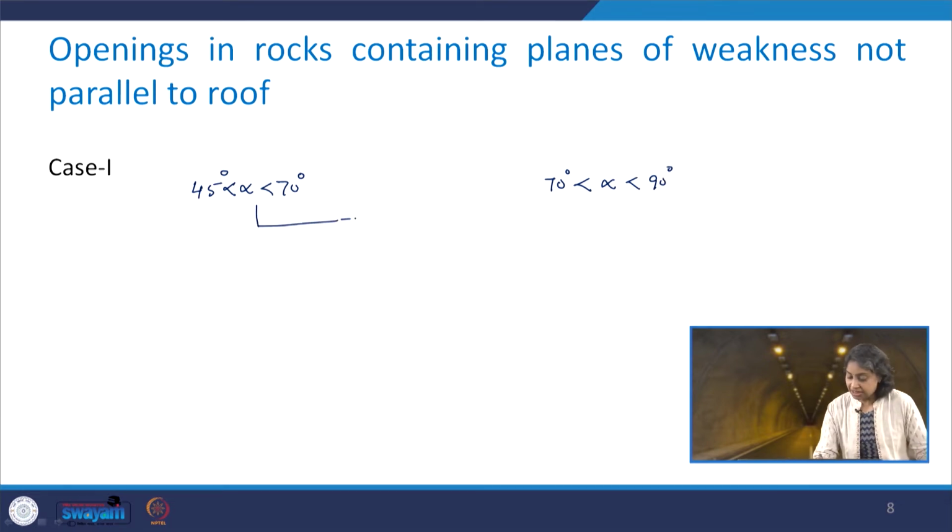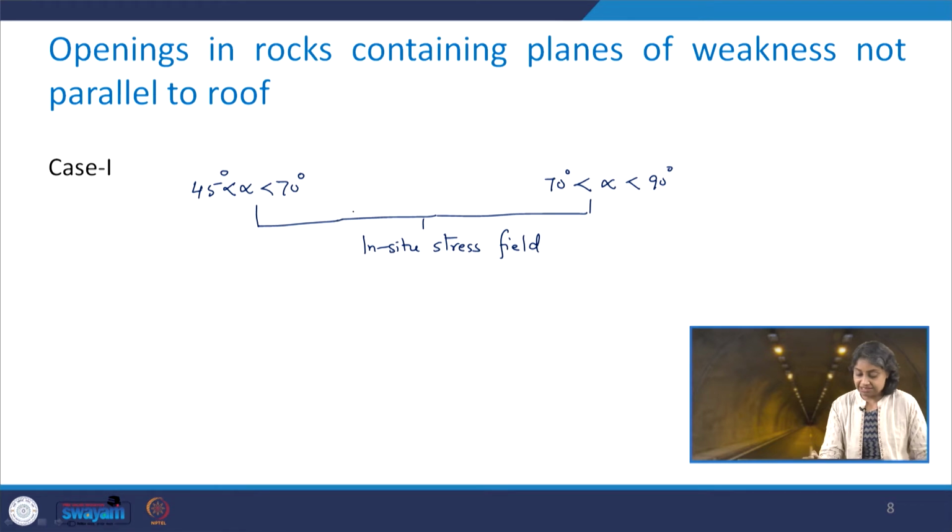In both the cases, the in situ stress field will be deciding the overall stability. Now if you recall, we defined these in situ stress field situations with a factor called M, which we named the mobilization factor.